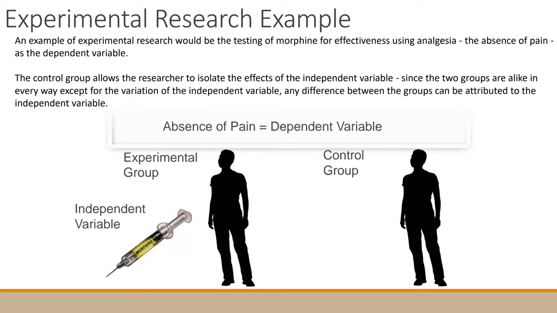The control group allows the researcher to isolate the effects of the independent variable, since they're alike in every way except for what's happening with that independent variable. Therefore, you can say that the difference between those two groups is purely attributable to that independent variable, that shot of morphine. That's how experimental research is designed, generally with an experimental group who the treatment happens to, and a control group who the treatment doesn't happen to.